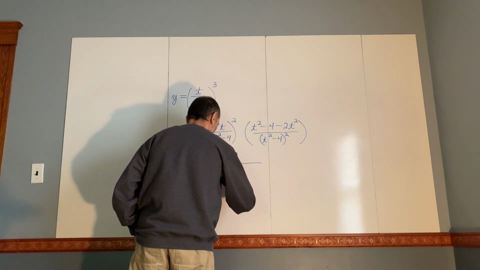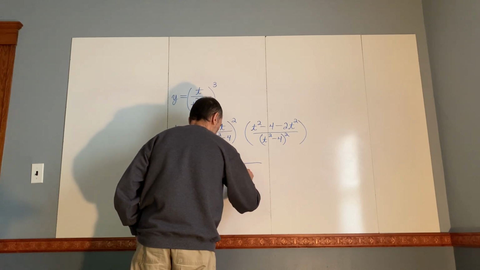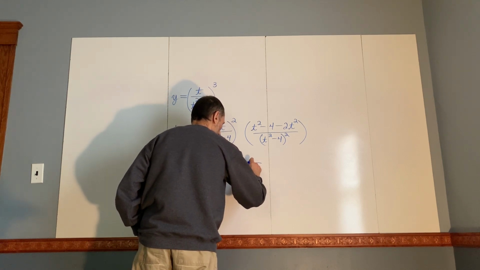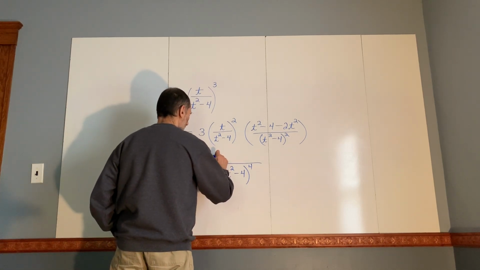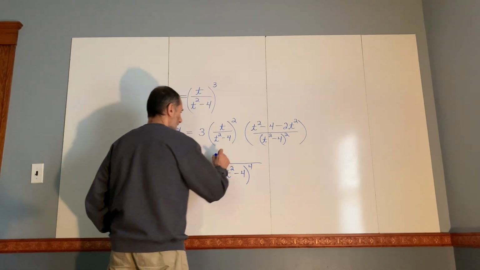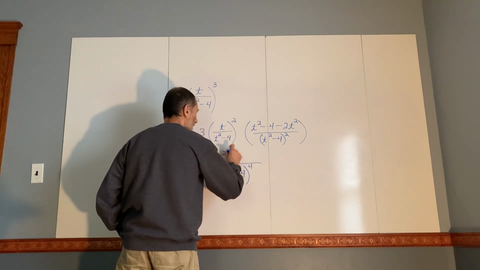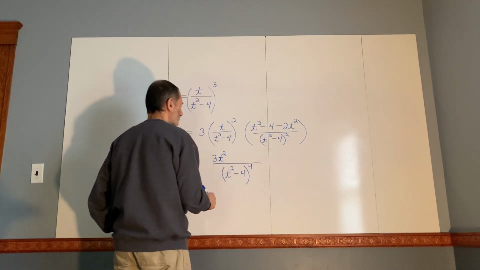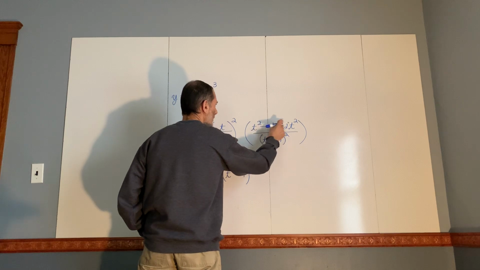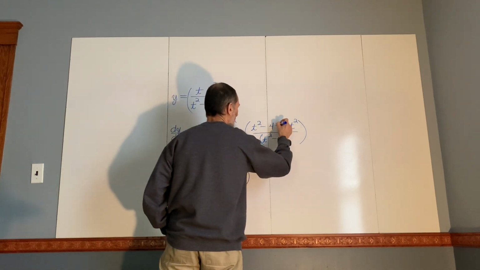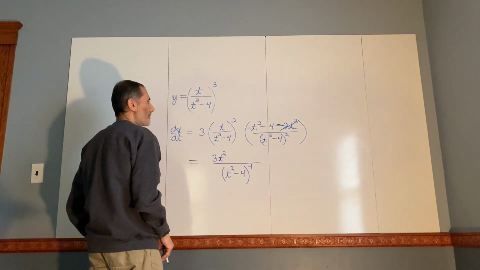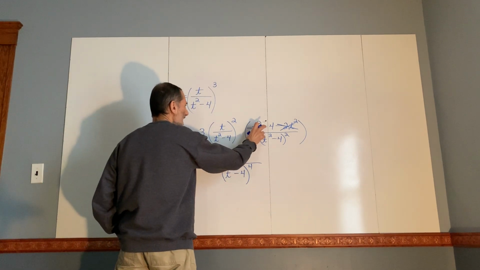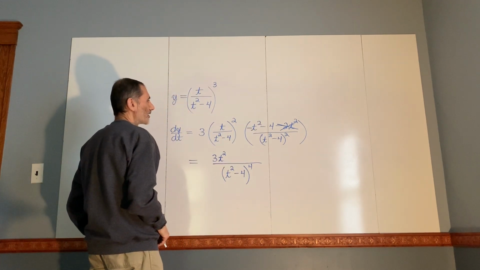So on the bottom, I have a t squared minus 4 to the 4th. In the numerator, a 3, a t squared. And from here we get t squared minus 2t squared is negative t squared. So here I have negative t squared minus 4.